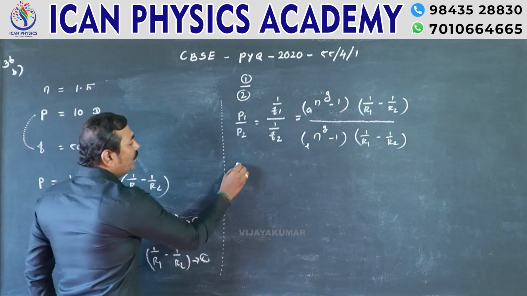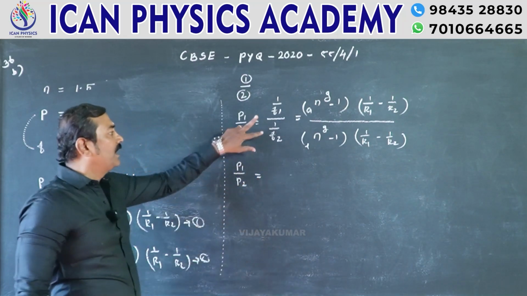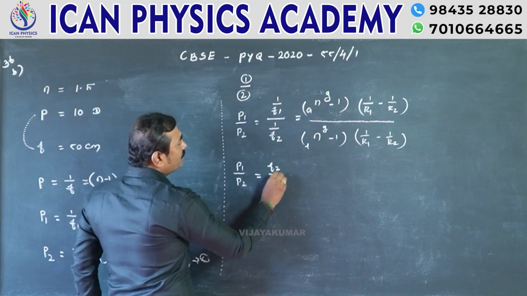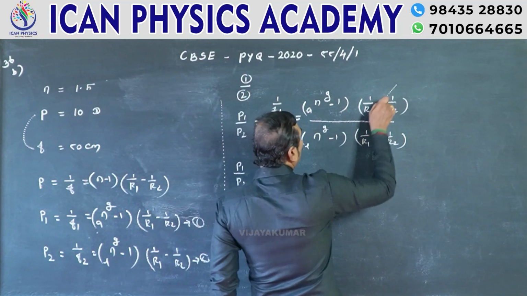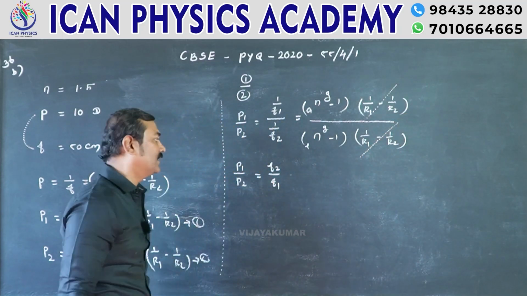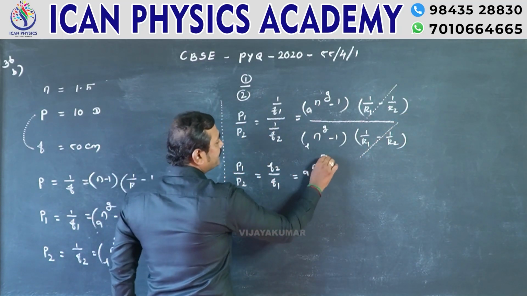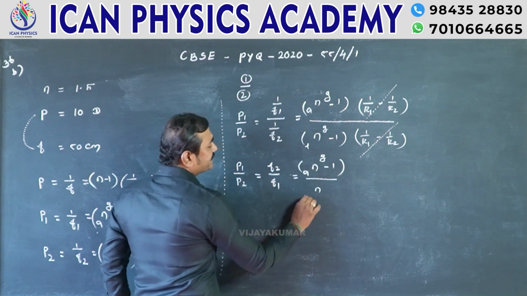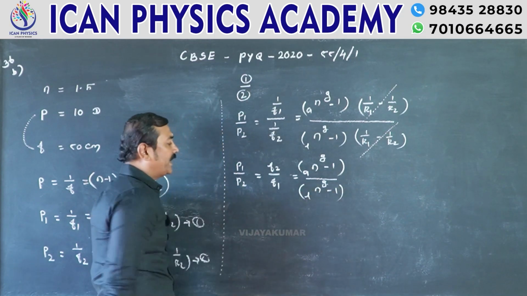Now P1 by P2 becomes f2 by f1. 1 by R1 minus 1 by R2 gets cancelled, so that we get (refractive index of glass with respect to air minus 1) divided by (refractive index of glass with respect to liquid minus 1).